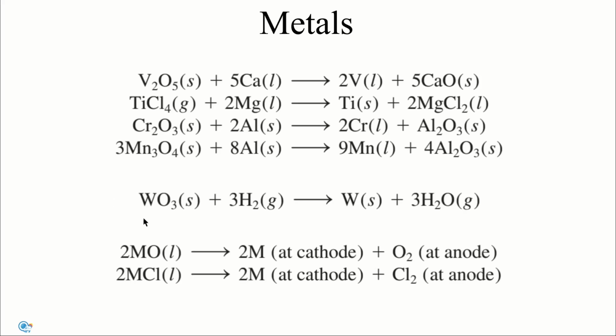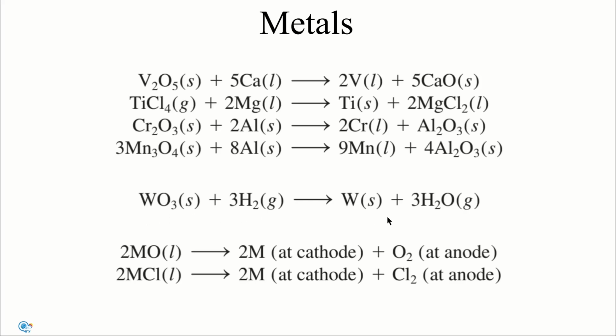In some cases, even molecular hydrogen can be used as a reducing agent, as in the preparation of tungsten, used as filaments in light bulbs, from tungsten trioxide.